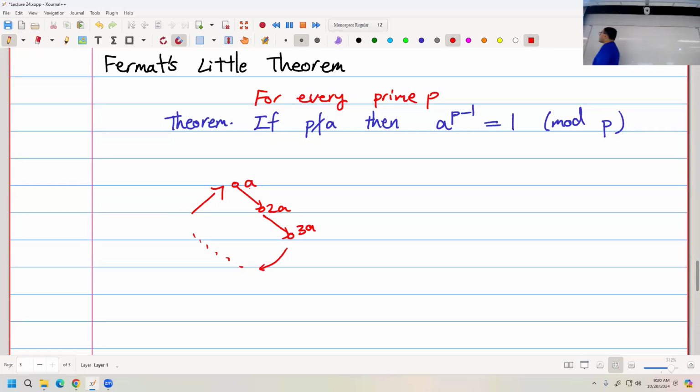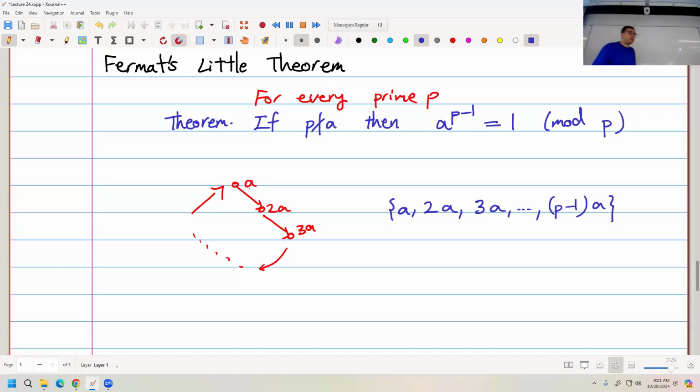Okay. What are the elements in this cycle? These are all the multiples of A, right? So I have A, I have 2 times A, I have 3 times A, and so on to P minus 1 times A. And I have all of them because, again, A and P are relatively prime.